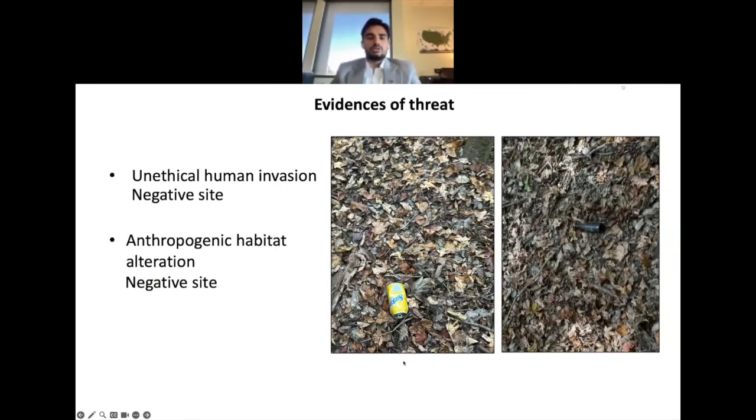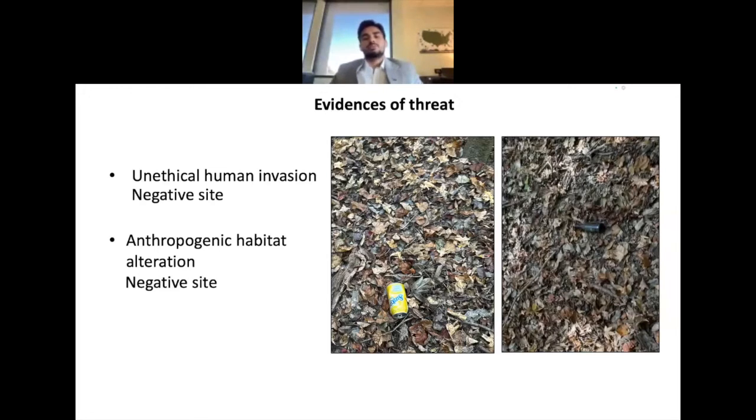And another, we saw some unethical human invasions on the negative side, where we saw trash cans and bottles. And another, at one of our sites, we saw anthropogenic habitat alteration. Although it was a negative site, I've heard that this site was altered by a lady living nearby.